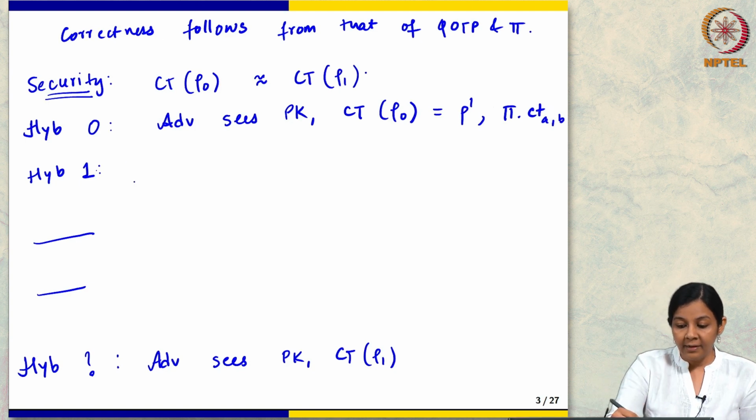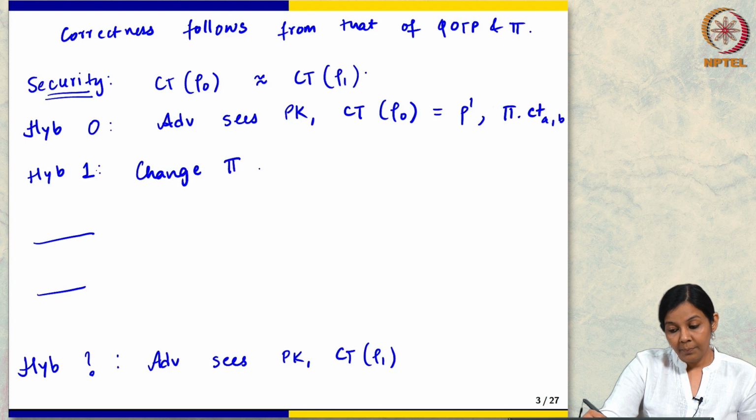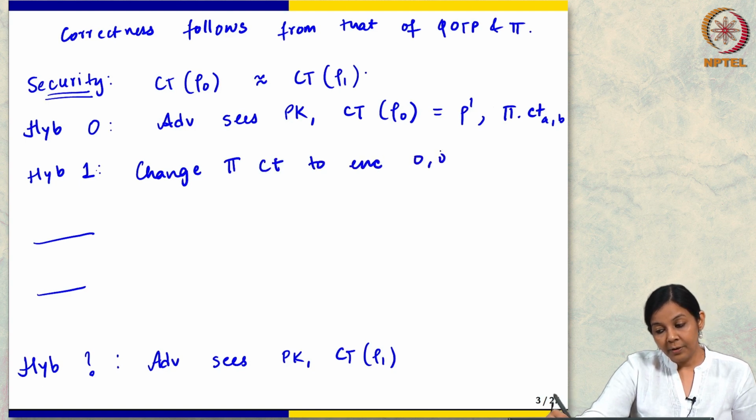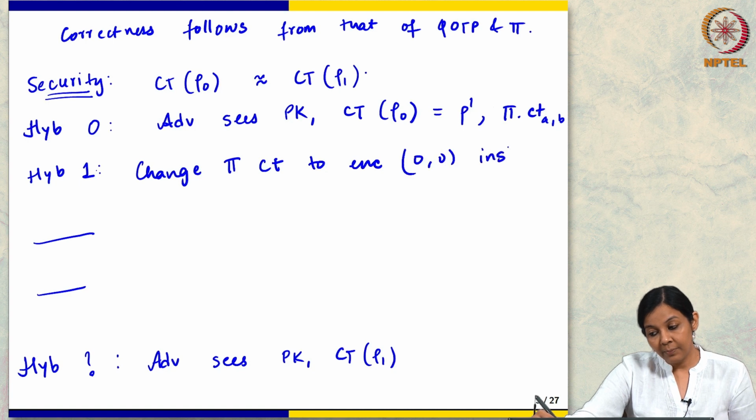As he suggested, the next step could be that you change pi dot CT to encrypt 0, 0 instead of A, B.